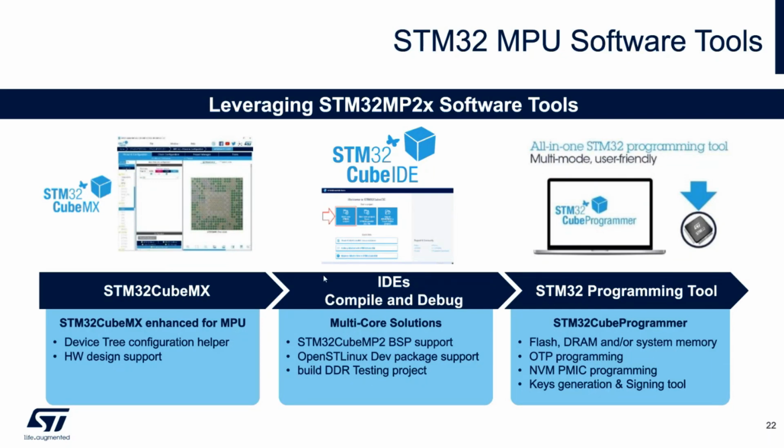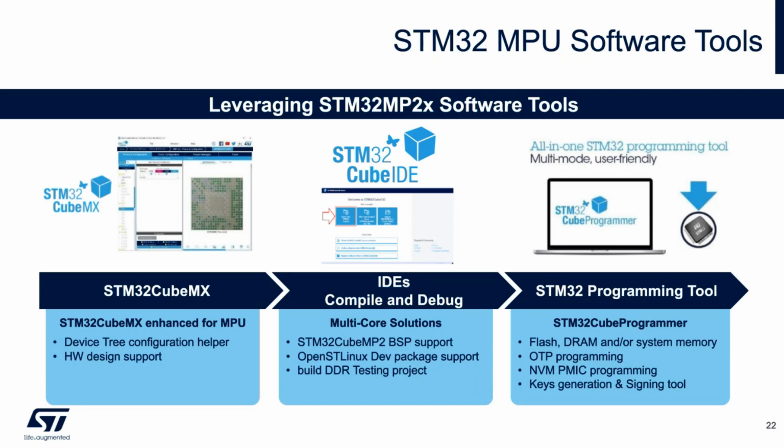Now, the CubeIDE. Maybe you are familiar also with CubeIDE. You can use CubeIDE to build the CubeMP2 BSP, so the firmware that can run on the Cortex-M33. As you know, this product has integrated a Cortex-M microcontroller.